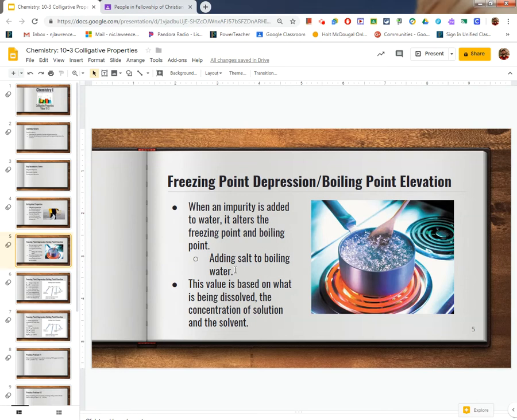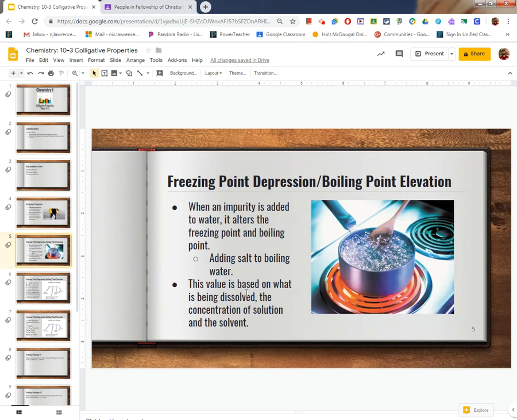So now your water is at a higher temperature and your food can cook quicker, overall saving you energy. Same thing with salt on the sidewalk. When you add salt to the sidewalk, it will depress, it will lower the freezing point. So your snow, I should say, will stay as a liquid at a lower temperature as opposed to ice.